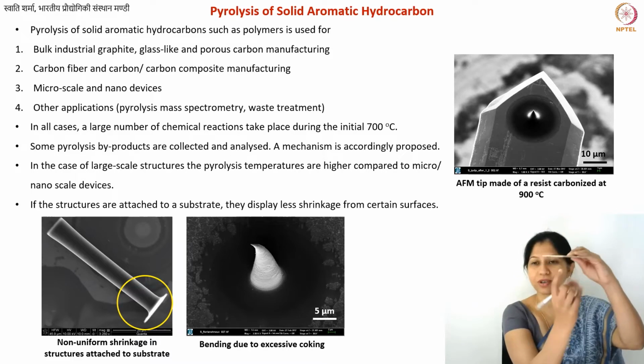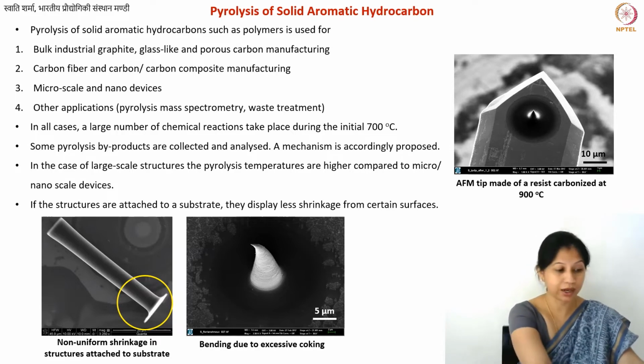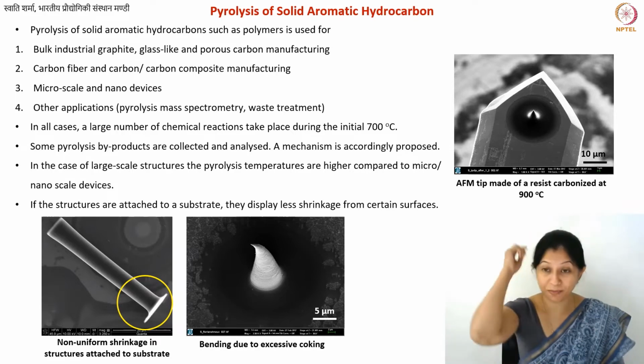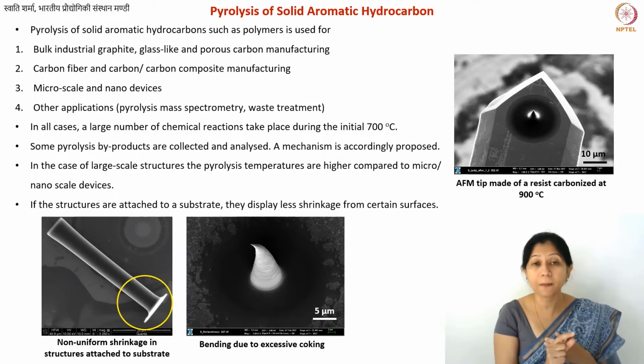Of course, there has to be some support so the tip is not broken. But the point is that you need to optimize the shapes for every single polymer that you work with. You will play with all these parameters to find out whether or not your material undergoes coking. This is how we come up with some mechanism of pyrolysis.